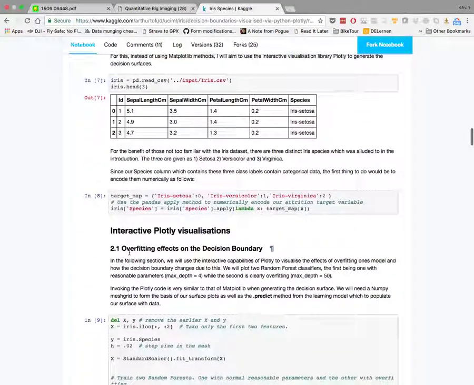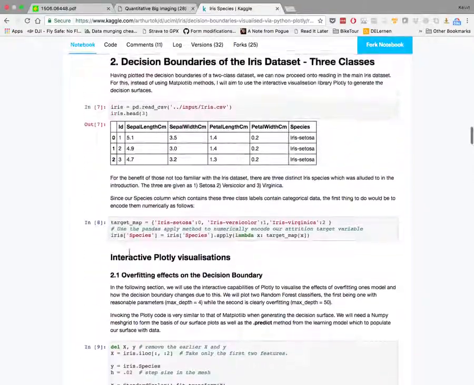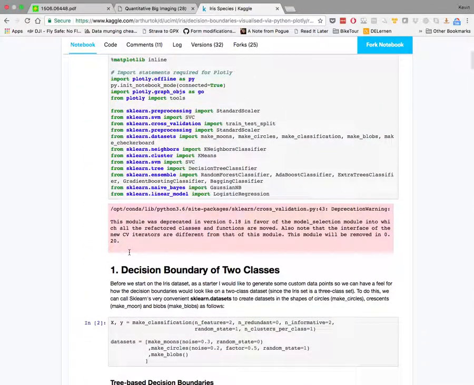And what approaches you can take for looking at it and visualizing it.